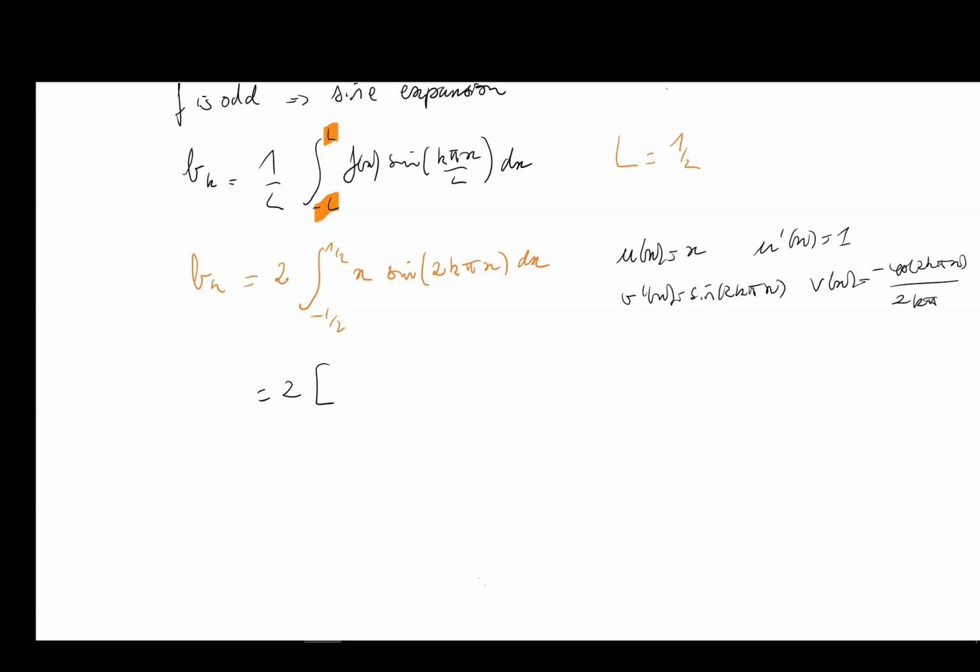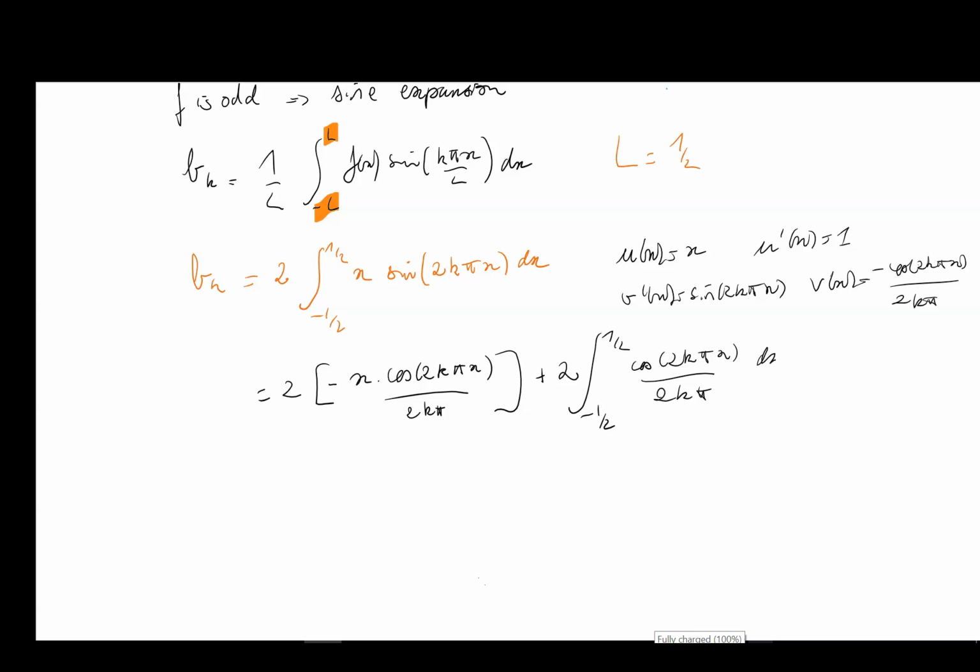Now let's write what the integration by parts gives. So 2 times the primitive function, so minus x cosine 2k pi x over 2k pi, all right, minus, that's going to be a plus, I still have the 2 that was a factor, integral from negative 1 over 2 up to 1 over 2 of cosine 2k pi x over 2k pi dx.